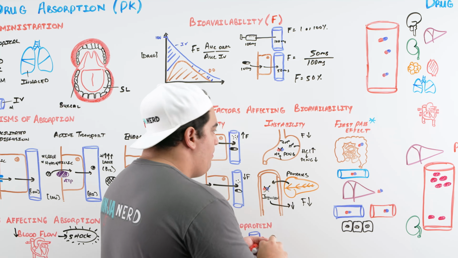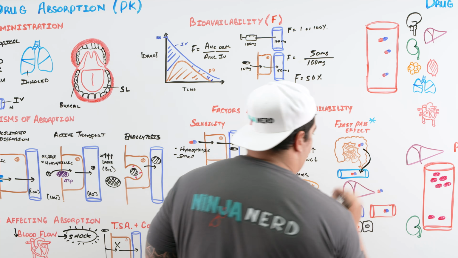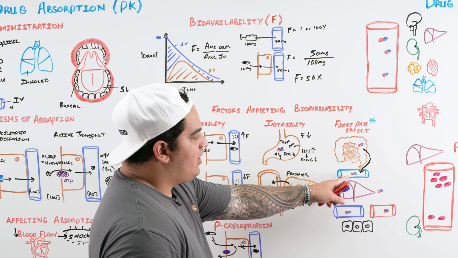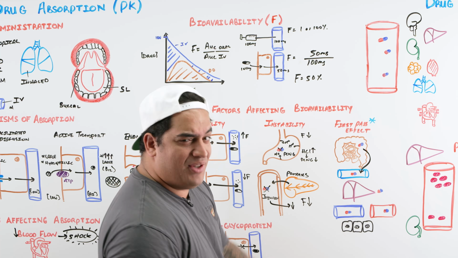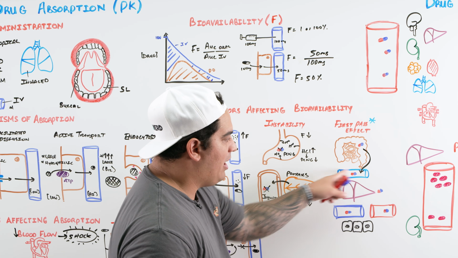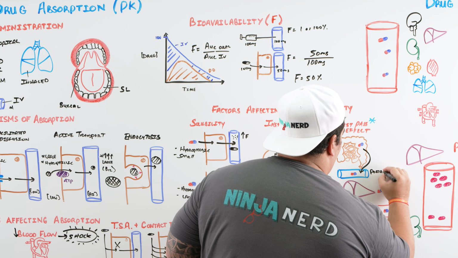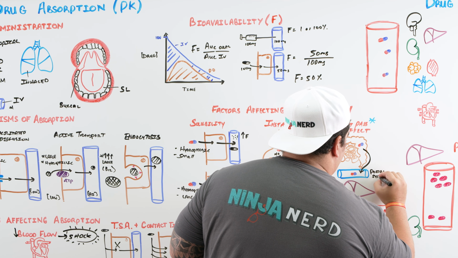But once it moves across the GIT and into the bloodstream, it's actually going particularly to the liver. What is this circulation? This is not the systemic circulation. You see this baby blue here? This right here is called the portal system. It's called the hepatic portal system.